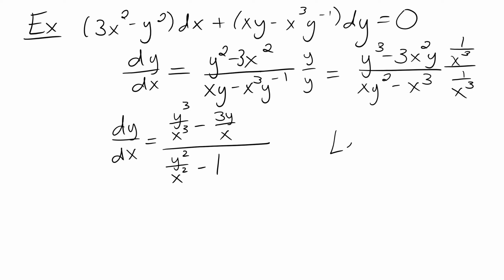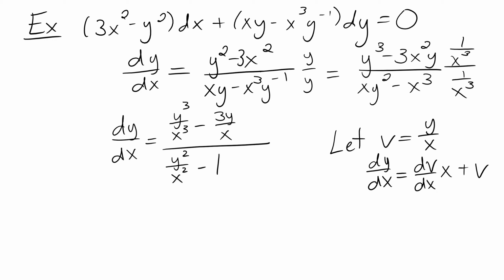So now I'm going to let v equal y over x. Well, when I do that, I know that dy over dx equals always dv over dx times x plus v. So let's plug all that in. So I'd have dv over dx times x plus v equals, well, let's change everything to v on the right-hand side.